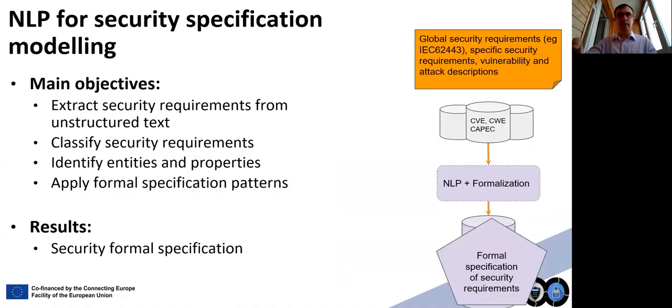We have thought about some small presentations about various innovations. First of all, the innovation comes from using natural language processing to extract, so understanding in text coming from users and standards, where it actually can be formalized.